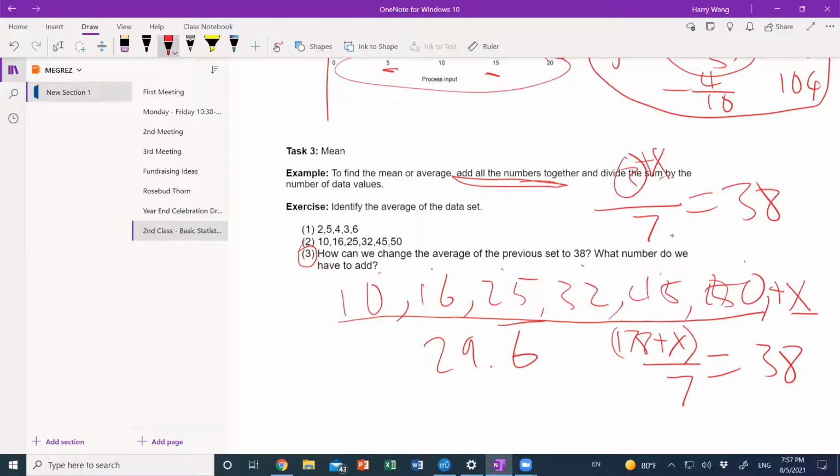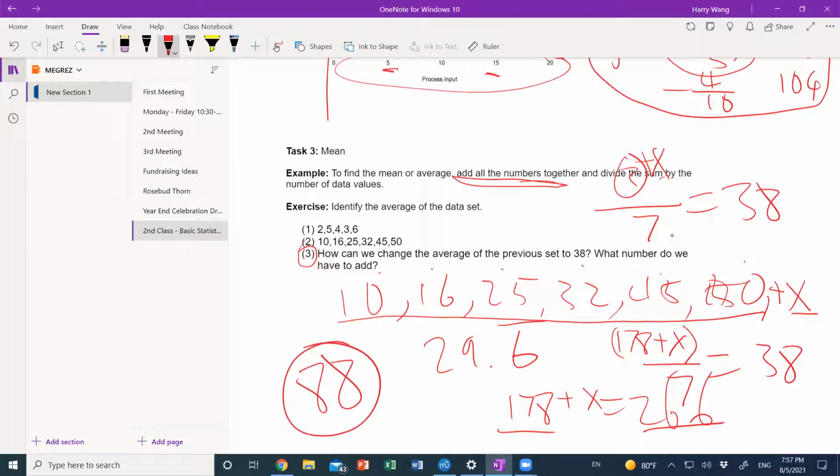So we multiply 7 times 38. We multiply by 7 on both sides. So we get 178 plus x equals 266. And 266 minus 178 on both sides will give us an answer of 88. We need to add 88 to that data set to move the average up to 38. Does everyone understand?